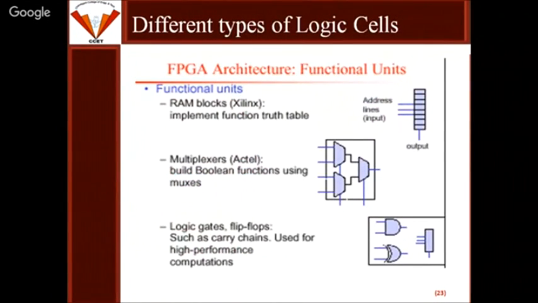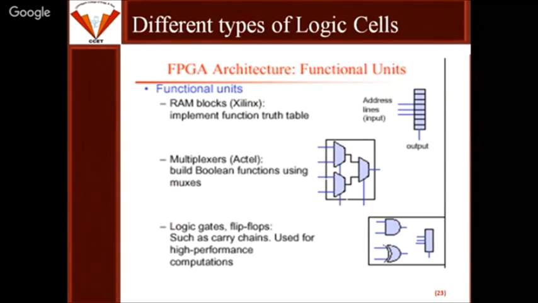FPGA architectures: there are different organizations or companies like Xilinx, Actel, and so on. They have different functional blocks, and based on those functional blocks, they create the design. Xilinx is based on RAM blocks, and implementation is in terms of truth tables.